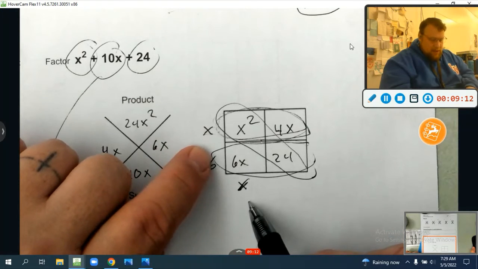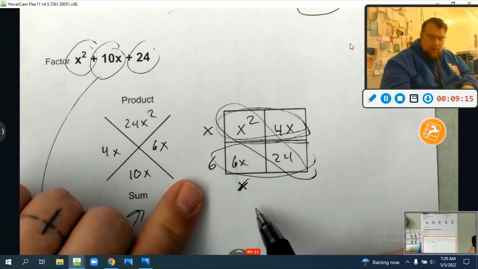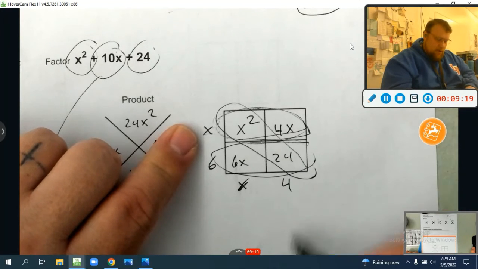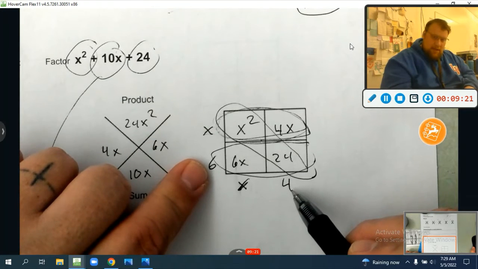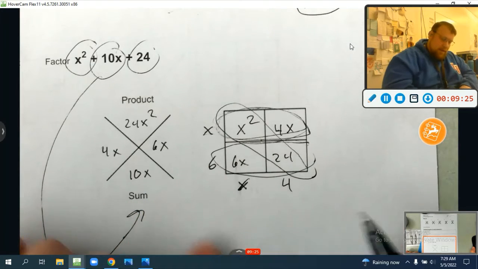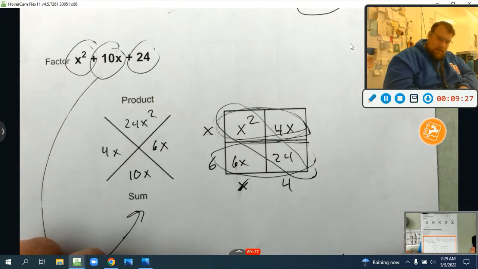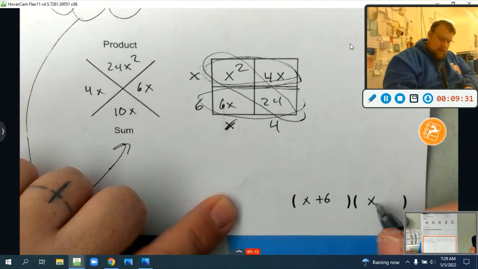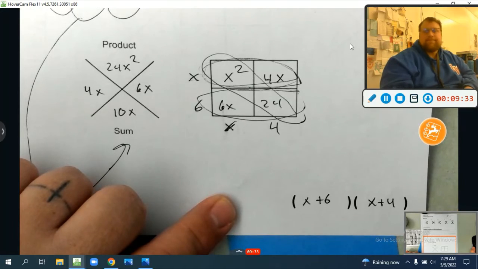And that makes sense because 6 times x would be 6x, and that's what it's supposed to be. Now let's go here. x times what is 4x? x times 4. And that again makes sense because 4 times 6 is 24. So what are my factors? If they're positive, it's a plus, so x plus 6. Oh, you can't see that, so sorry. And x plus 4. Boom.